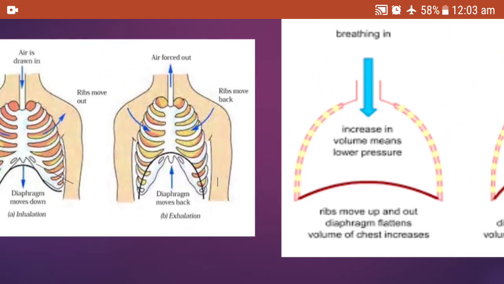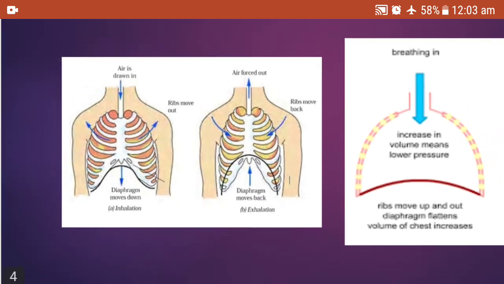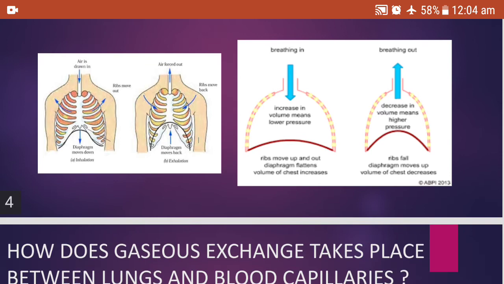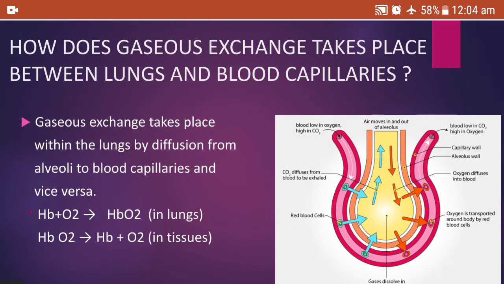The same passage it entered with, it will follow in the reverse manner. This is how the mechanism of respiration takes place. If a question is asked to write the mechanism of respiration, you have to write about the function of the diaphragm. Now we will learn how the gaseous exchange takes place between the lungs and the blood capillaries.